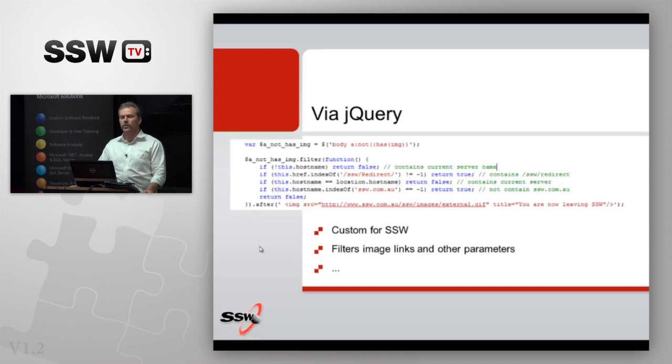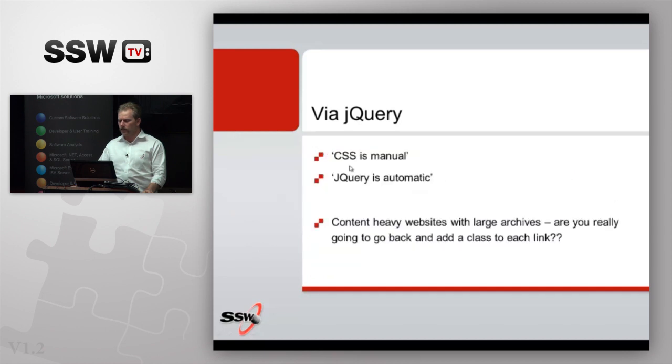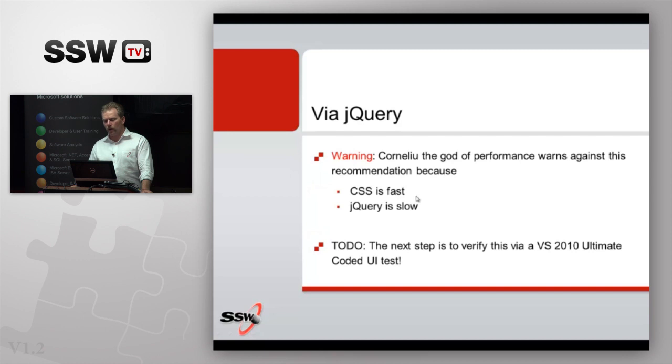So, here I just want you to be aware of, in case you all just jump into jQuery, CSS is manual, jQuery is automatic. If you've got a content-heavy website with large archives, I've never measured this. I just had Cornelia tell me this, and Cornelia knows more about performance than I'll ever know.